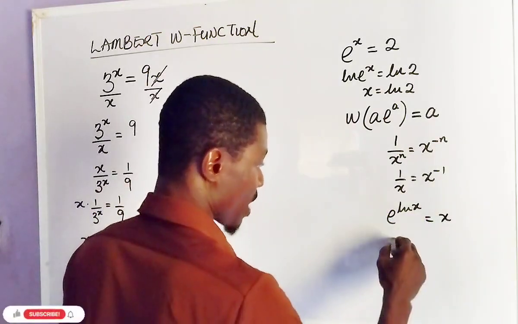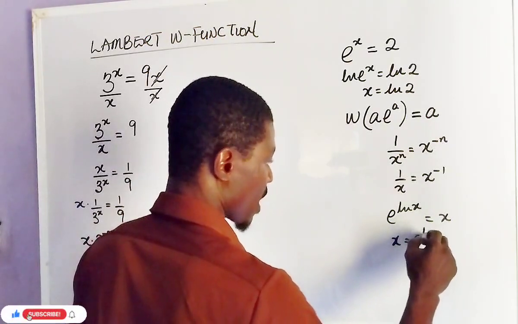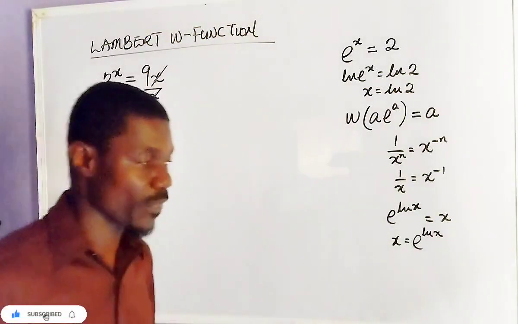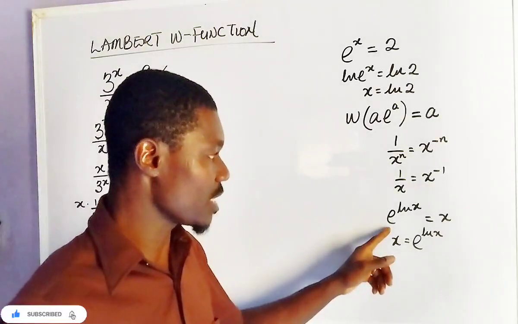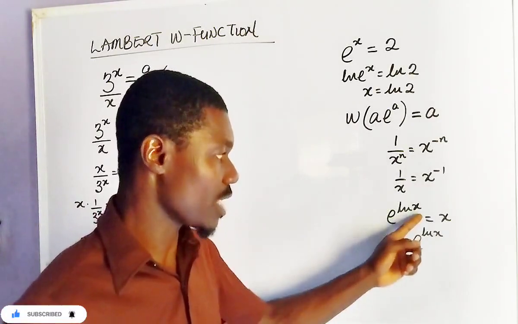So when we have x, it's the same thing as saying e raised to the power of ln x, because the e and the ln undo each other, thereby giving us x.